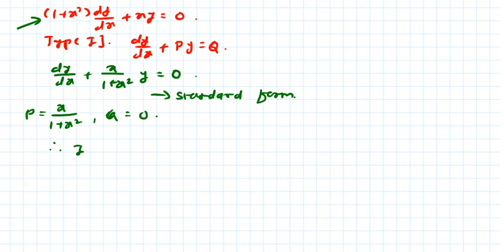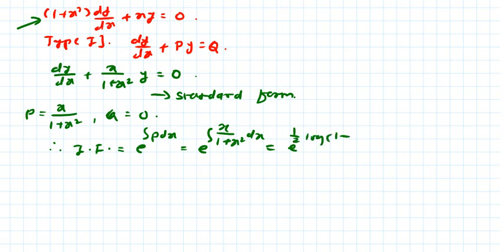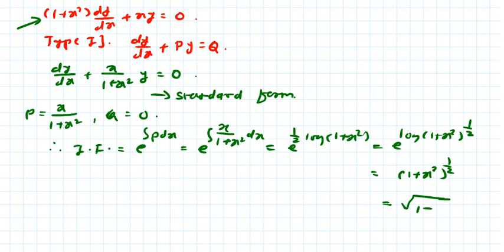Therefore its integrating factor will be e raised to integration p dx, that is equal to e raised to integration x upon (1 plus x square) dx, which is equal to e raised to 1 by 2 log of (1 plus x square), which is e raised to log of (1 plus x square) raised to half, which is (1 plus x square) raised to half, and that is nothing but under root 1 plus x square.